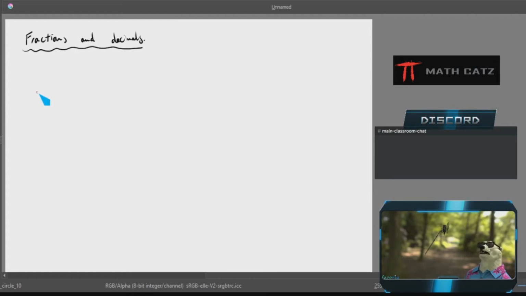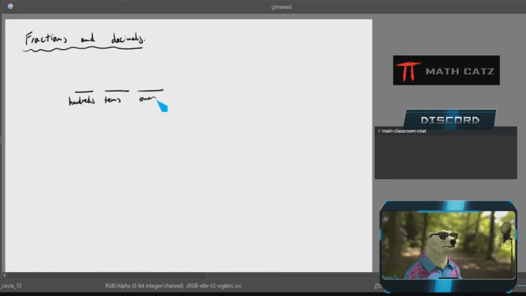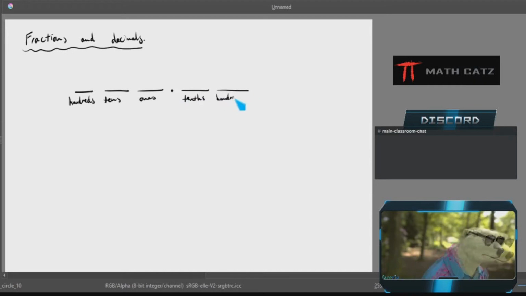So if I just do this by example, well, not first, let me just set this up. If we just look at integers, we have our hundreds place, hundreds and tens and ones, and then we can go smaller, still based on 10, and have tenths, and then we separate that by our decimal point, and hundredths, and so on, in either direction.